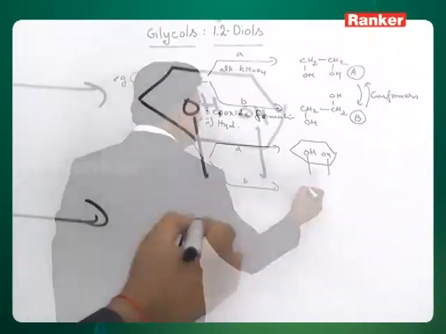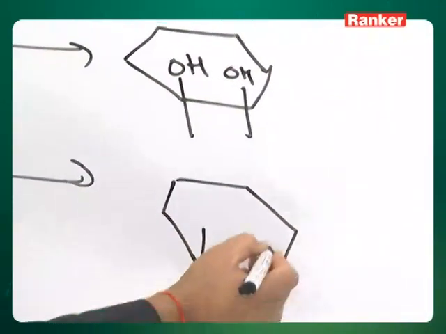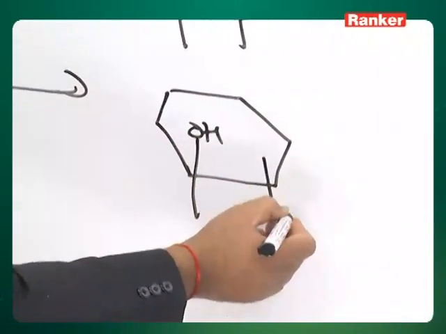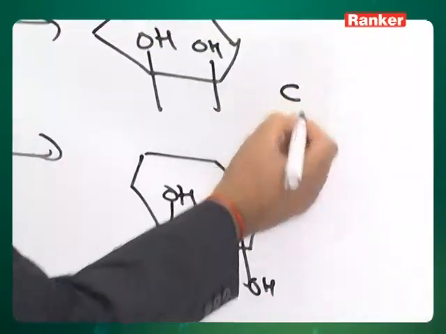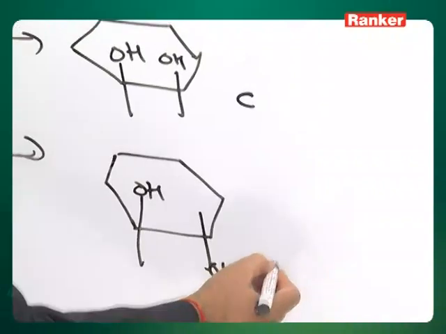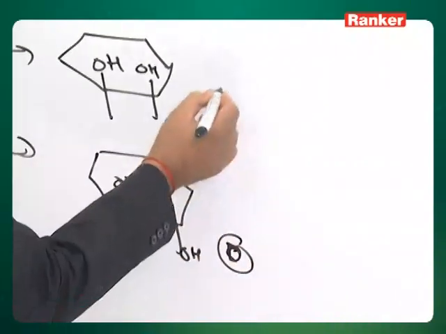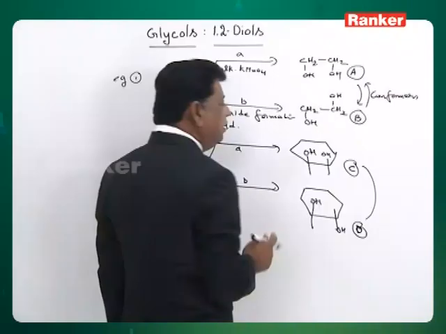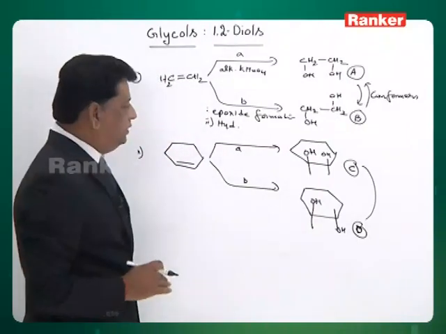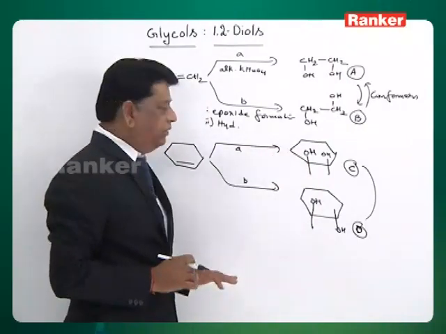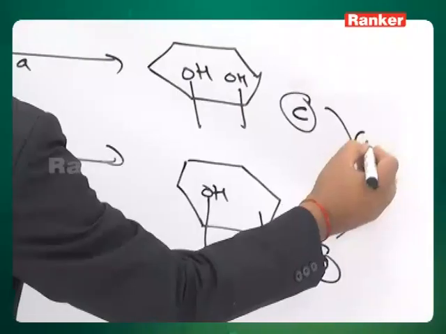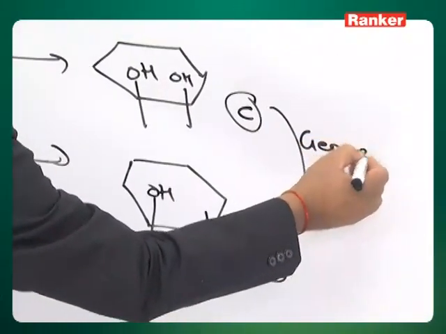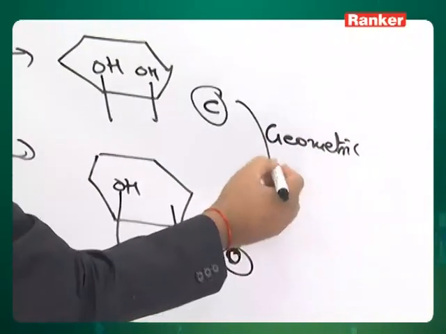In the second case, you will get 2 OHs with 1 OH up and 1 down. Now what is the relation between this product C and the product D? These two are not interconvertible. Once the 2 OHs are formed from the same side, there is no interconvertibility. They are geometric isomers.